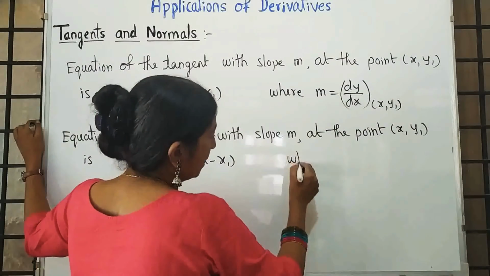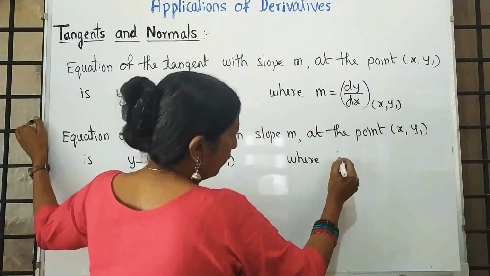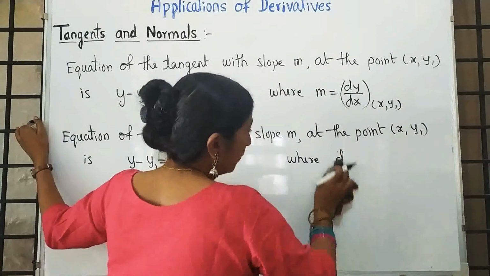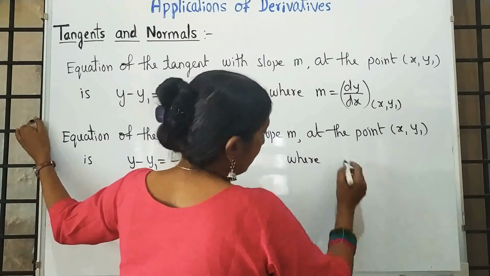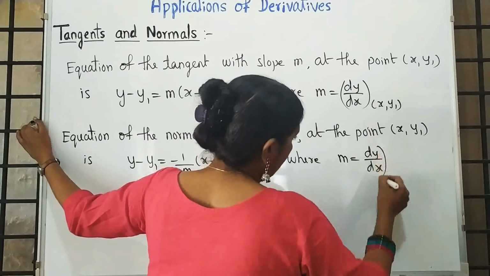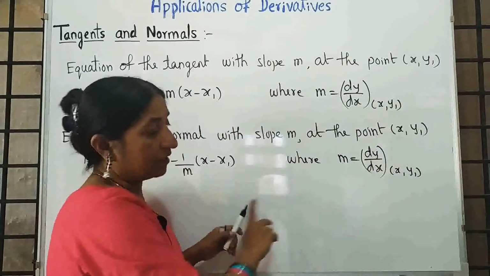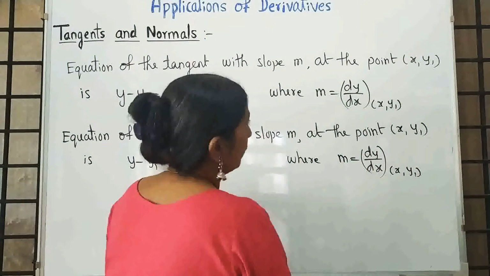Here also m is the first differentiation with the value x1 y1 substituted, dy upon dx at x1 y1. You have to read it like this, writing is dy upon dx at x1 y1.